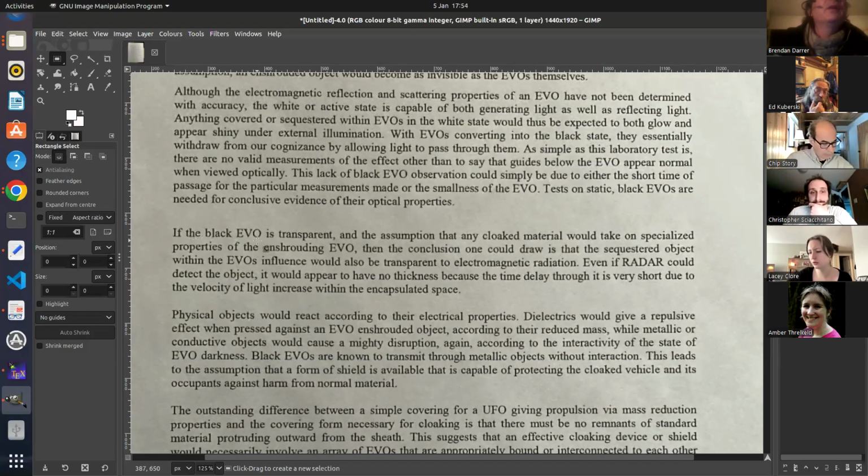If the black EVO is transparent, and the assumption that any cloaked material would take on specialized properties of the enshrouding EVO, then the conclusion one could draw is that the sequestered object within the EVO influence would also be transparent to electromagnetic radiation.